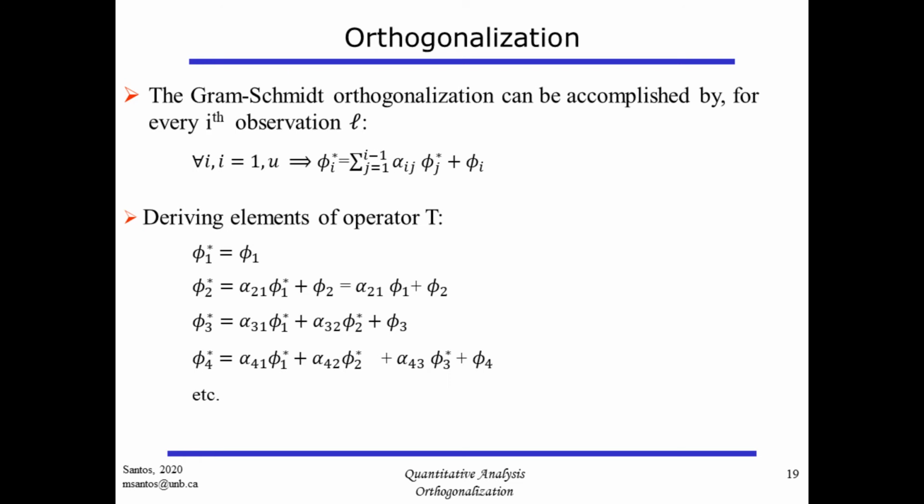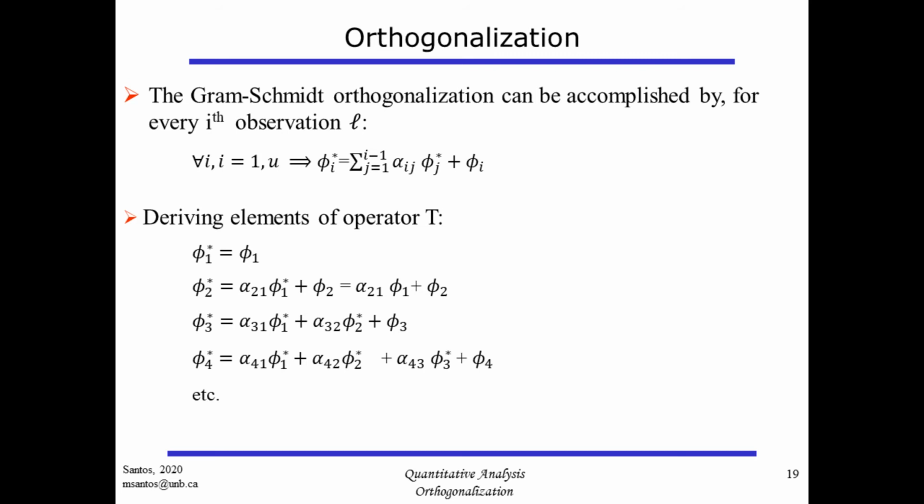If we start to write the equation, the generalized polynomial, for each individual element, so for the first element, phi star sub 1 equals phi sub 1, then phi star 2 is going to be equal to alpha 2 1 multiplying phi star 1 plus phi 2.